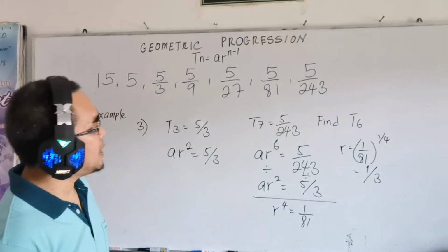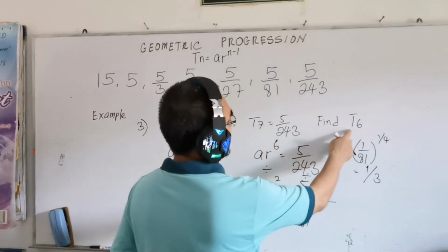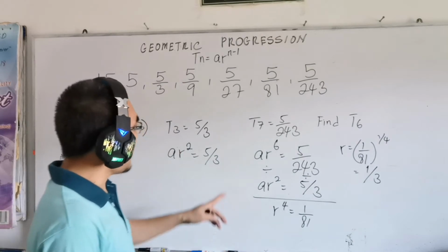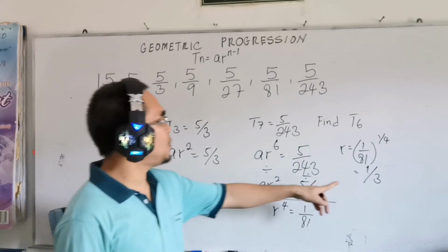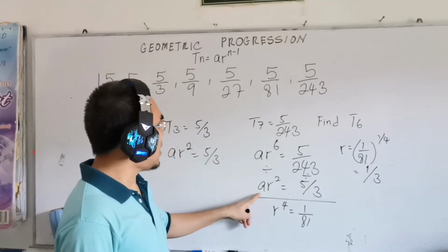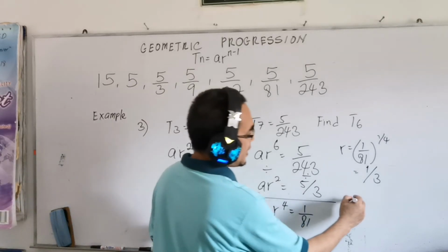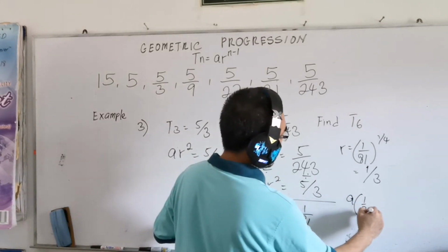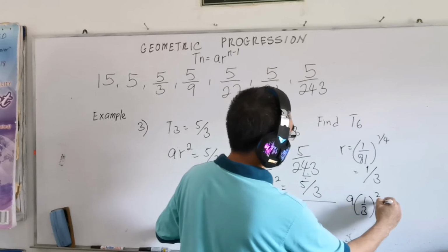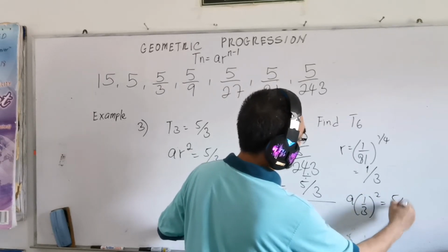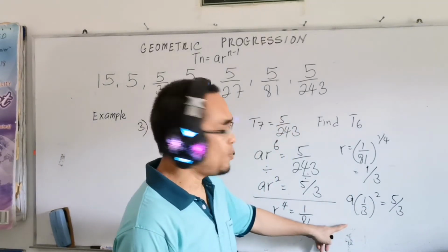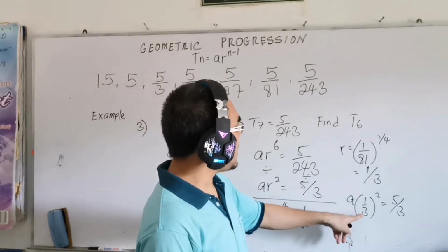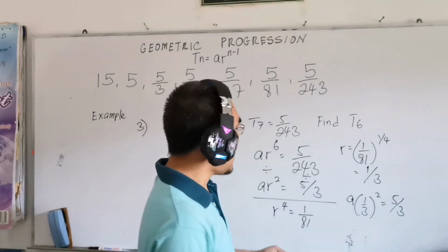Okay, so then we can calculate. We do not know A yet, so I will substitute R as 1 over 3 here. So A times 1 over 3 to the power of 2 equals to 5 over 3. So the value here, 1 over 3 squared will be 1 over 9.